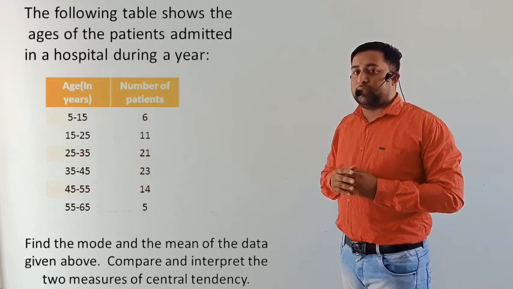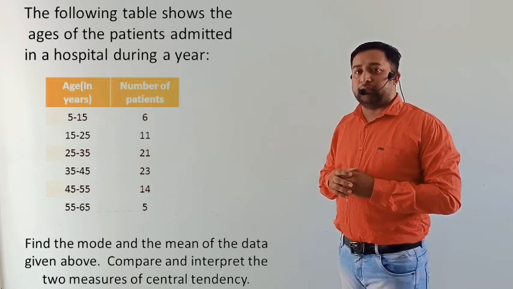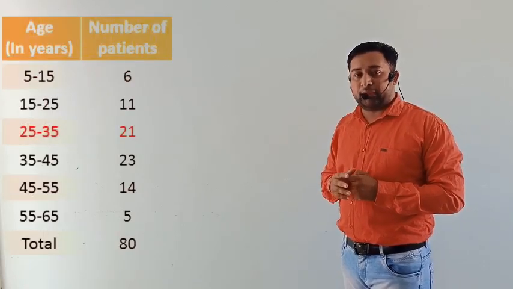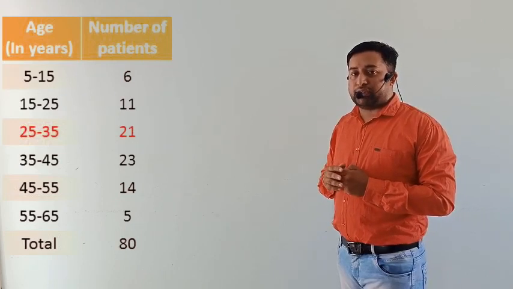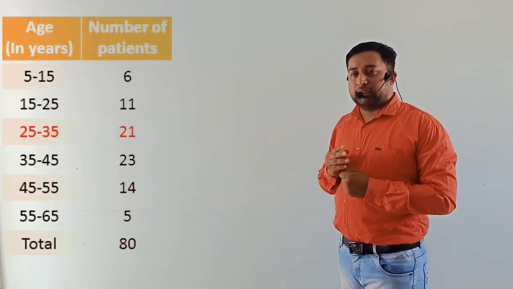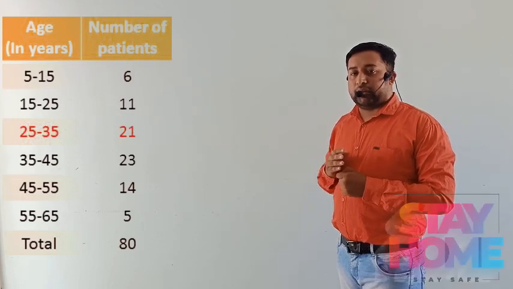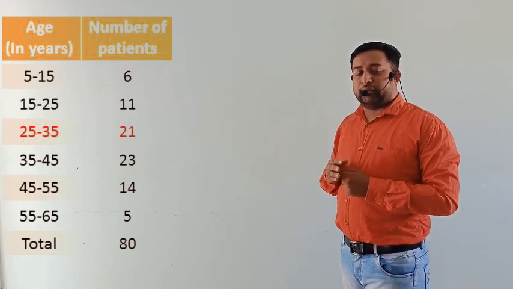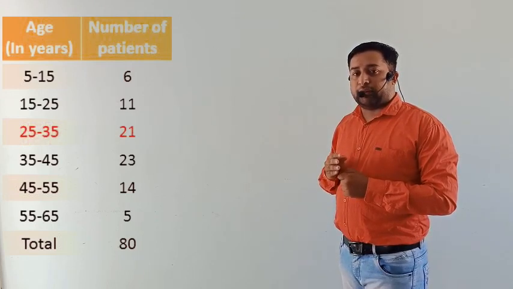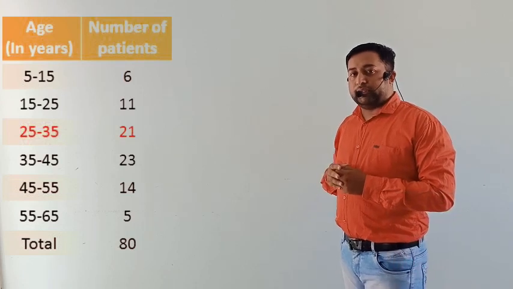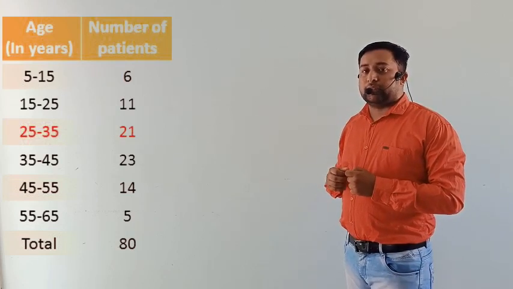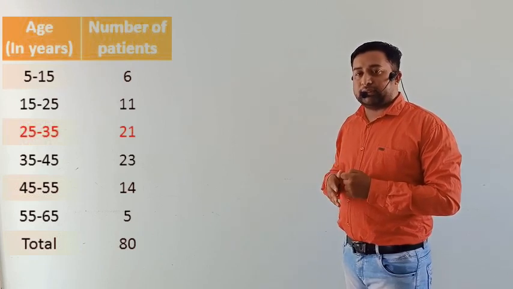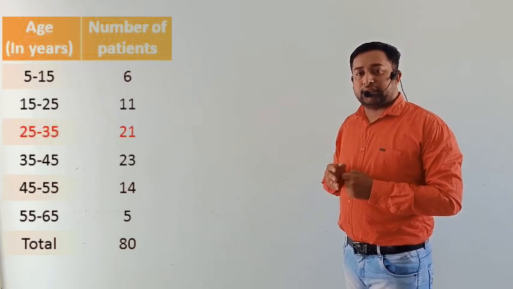We have already learned about mean, so first we find our mean. Our first two columns will be the same as given in the question: age in years and number of patients, which are 5 to 15, 6, 15 to 25, 11, 25 to 35, 21, 35 to 45, 23, 45 to 55, 14, 55 to 65, 5. We need sigma fi in our formula, which is the same in the direct method, the assumed mean method, and the step deviation method.